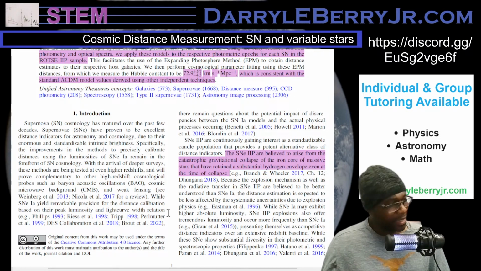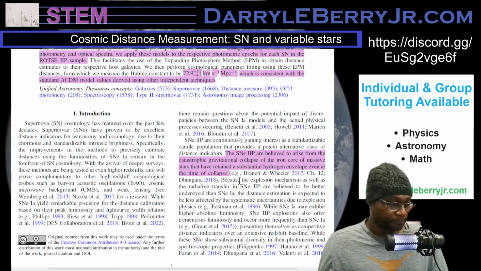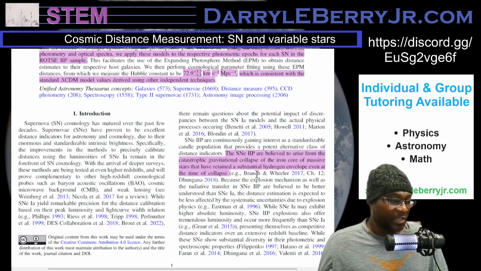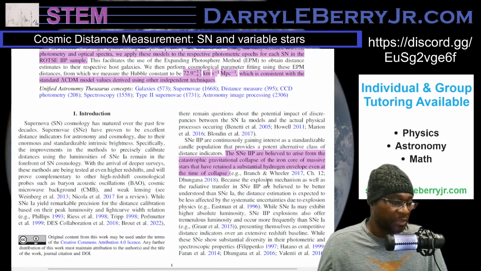We could stop there. I was about to highlight some of the background, but we'll just focus on the type 2P. Because the explosion mechanism as well as the radiative transfer of 2Ps are believed to be better understood than 1As, the distance estimation is expected to be less affected by the systematic uncertainties due to explosion physics.